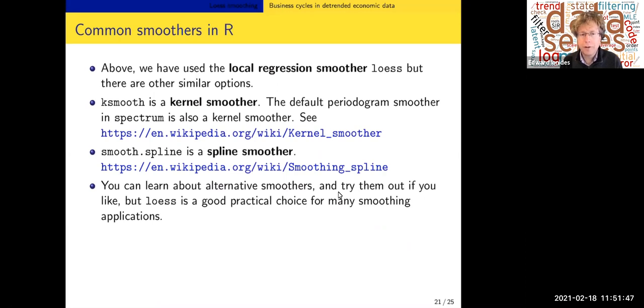But just in case you see others around, you can do kernel smoothing, where it fits a Gaussian kernel at each point, and you can also fit splines to the time series and try to estimate the mean. You're very welcome to read about them. You can try them if you want, but we won't get into them further at this point.